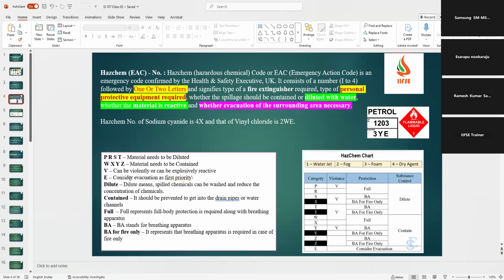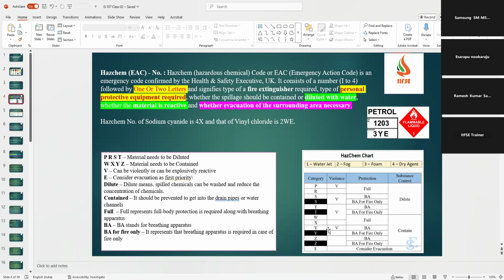So if you see the right side corner, where we have this 3YE, that is how they will represent it on the chemical tankers, so people can understand. When I say 3, we can use a foam for this specific chemical because it is a flammable liquid.